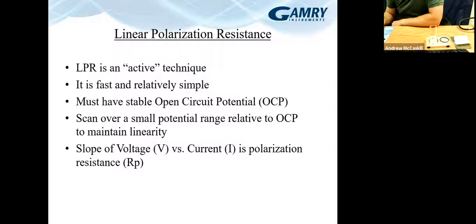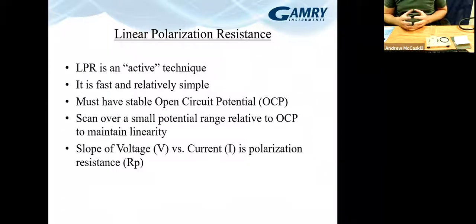But there's a couple things that you're going to need. One, for both experiments, you need a stable open circuit potential. If your system is unstable, then the data is not going to be reliable. It's going to look horrible too. In the name, linear polarization resistance, the data we hope to be linear or pseudo-linear.